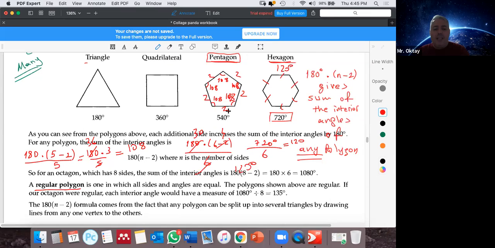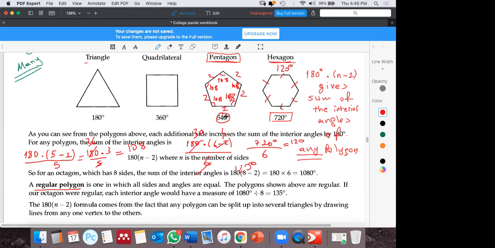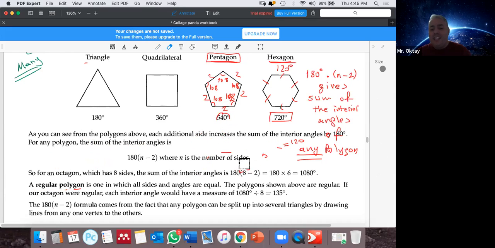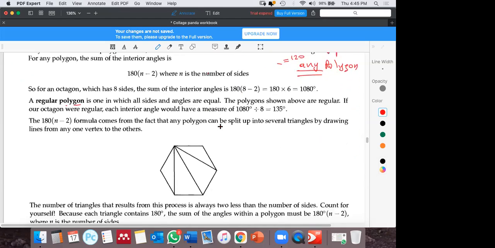Yes, that is how it works. But don't make life complicated for yourself. The simple thing is this: just memorize 180 times n minus 2. The other information, no need. Okay, now let's go on.